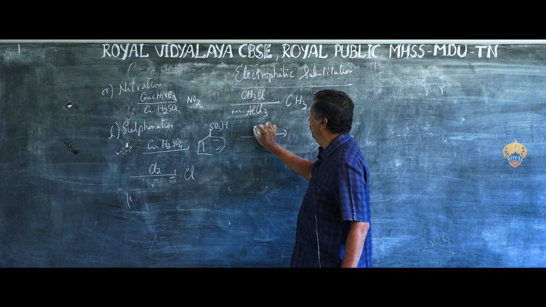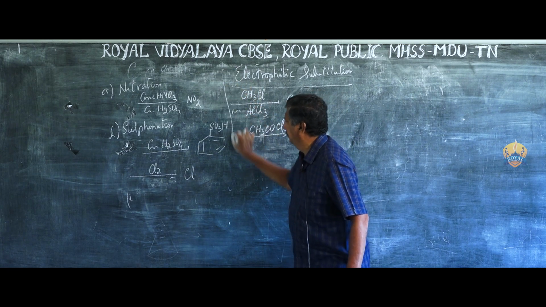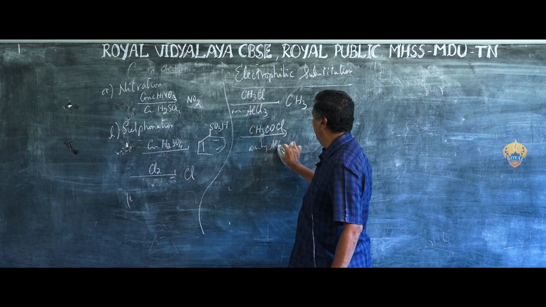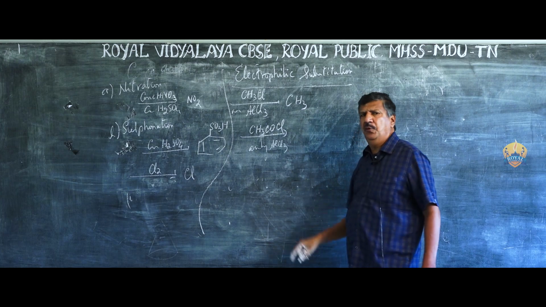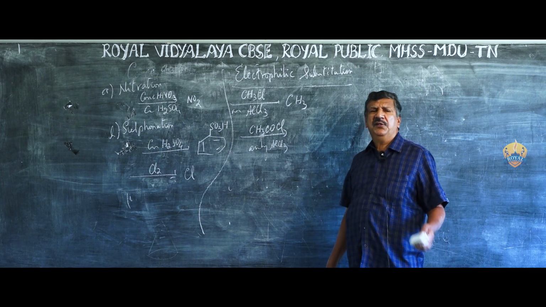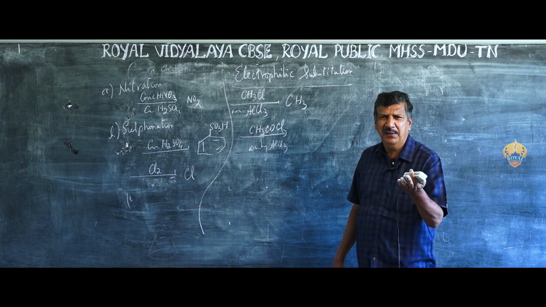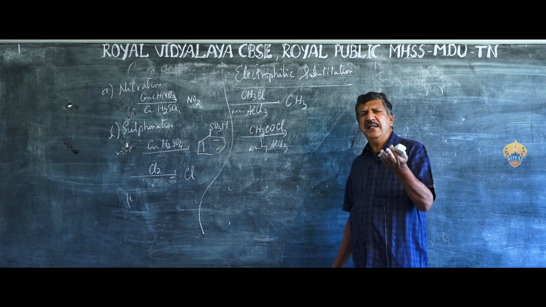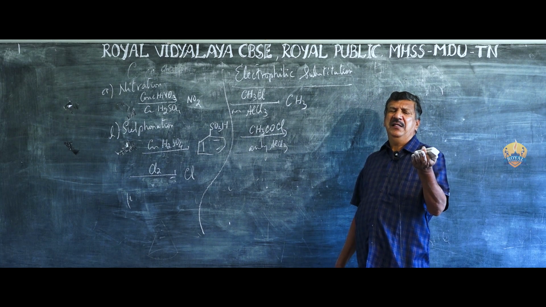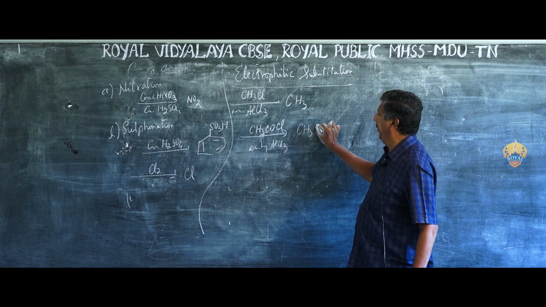When you introduce this group in the presence of anhydrous aluminum chloride, what is the name of this group? Acetyl chloride. So, it is called acylation. Whenever you use acetyl chloride, you can call it acylation or acetylation. This group will be introduced.